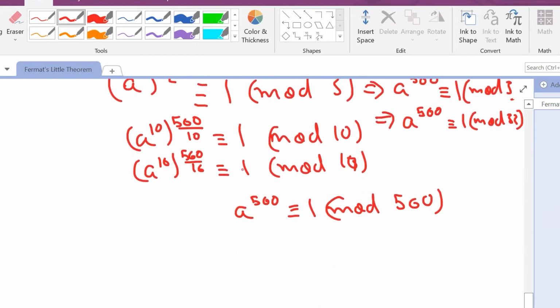But this is the same as the condition that we were looking for, right? Essentially, we've shown that there is a composite n for which, if the GCD of a and n is 1, then a to the n minus 1 is congruent to 1 modulo n. But we were trying to find if n is prime. So essentially, we have a counterexample. These are what we call Carmichael numbers.